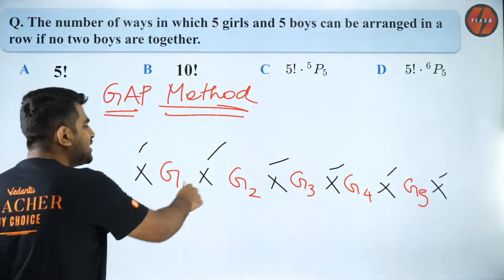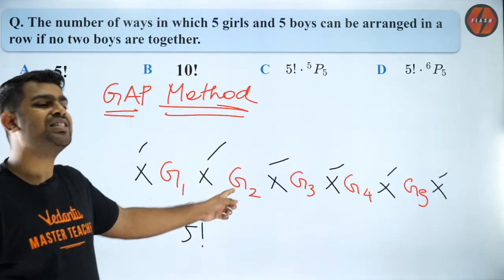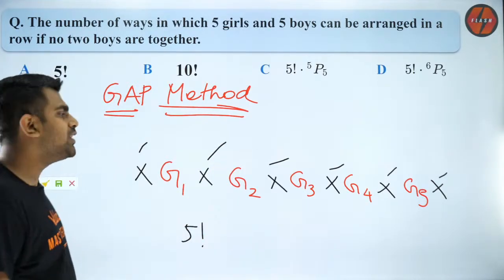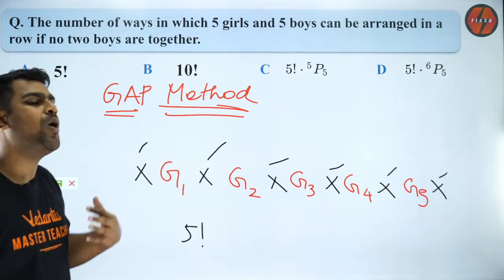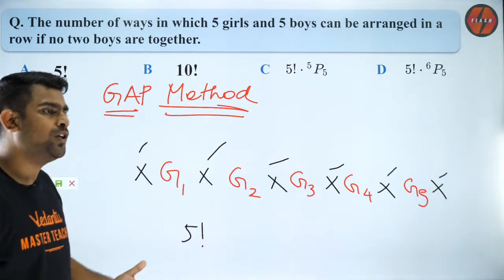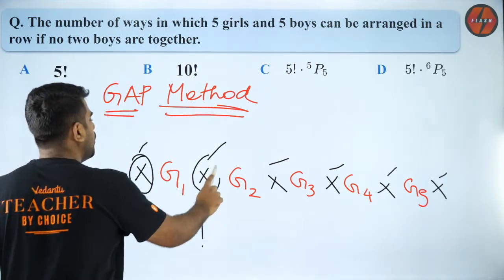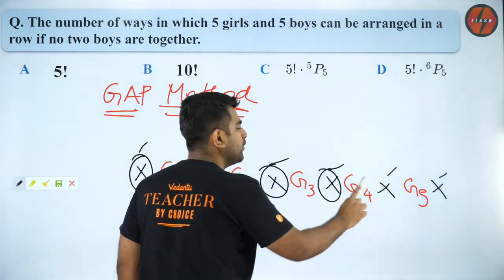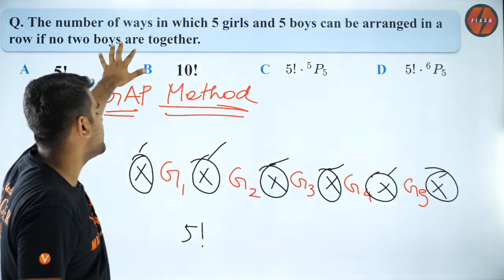Now, the girls can be arranged in 5 factorial ways because all the girls are distinct. Now, how can the boys be arranged? So to arrange the boys, you have 1, 2, 3, 4, 5, 6 places, but only 5 boys.